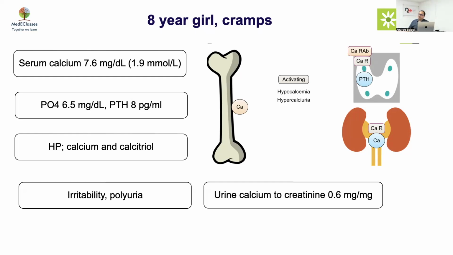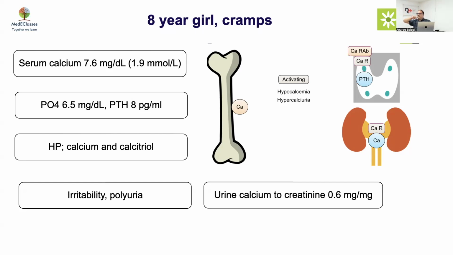In hyperparathyroidism, is hypercalciuria there or not? If you get their level to 11, the hypoparathyroidism level also to 11, and the calcium sensing receptor to 11, who will leak the most calcium?